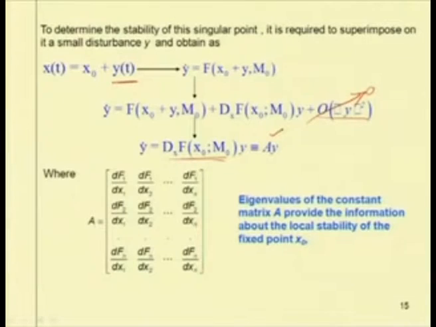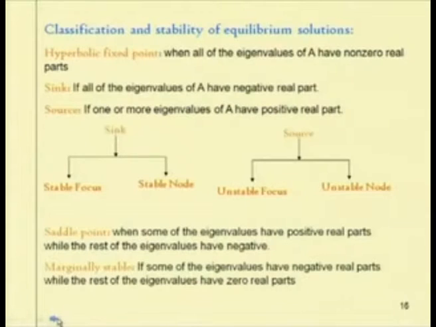If one plots the eigenvalues in the real and imaginary plane, and all the roots are on the negative side of the S plane, then the system is stable, otherwise the system becomes unstable. One can classify the stability of an equilibrium point by the hyperbolic fixed point.